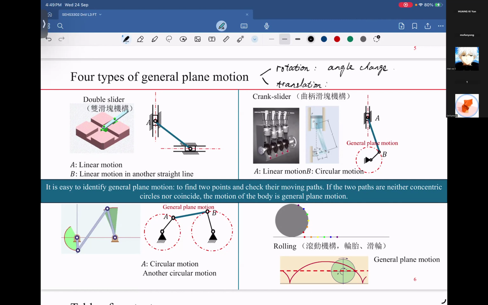Generally we consider four types of general plane motion. The first one is what we call double slider.